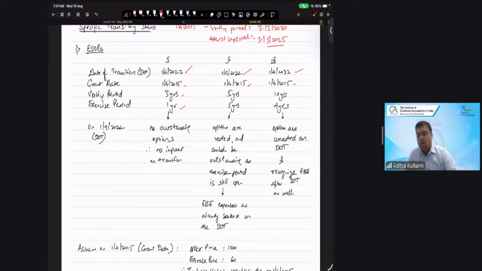So by 31st March 2019, is there any trace of this ESOP plan in the financial statements? Is there any trace, or can I say that the ESOP plan is over and out? Can I say that it is over? Yes, by 31st March 19, vesting is done, exercise is done, then what is left? Yes or no? Did you follow?